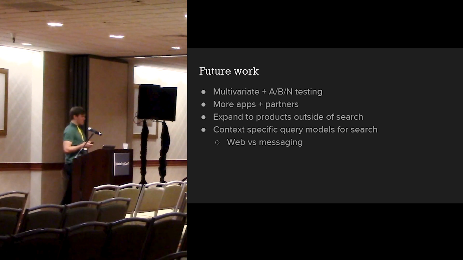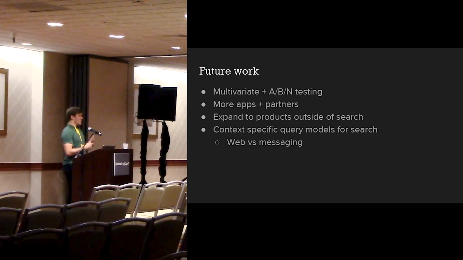Some of the future work we're looking to do with this A/B testing framework is add in support for things like multivariate and ABN testing. We'd like to try expanding into GIPHY products outside of pure search. And also on the search team, one thing we're really working on is having more context-specific query models for search, like having different models for a web user versus a messaging user, because there are different demands.